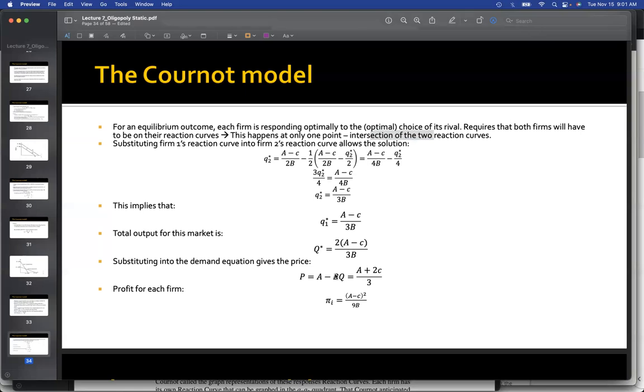If Cournot's output is bigger, what can we say about the price? When output is higher, what can we say about the price? And if output is higher, given what we said about price, what can we say about consumer surplus? Remember, this is just the demand curve. You're just going down the demand curve.